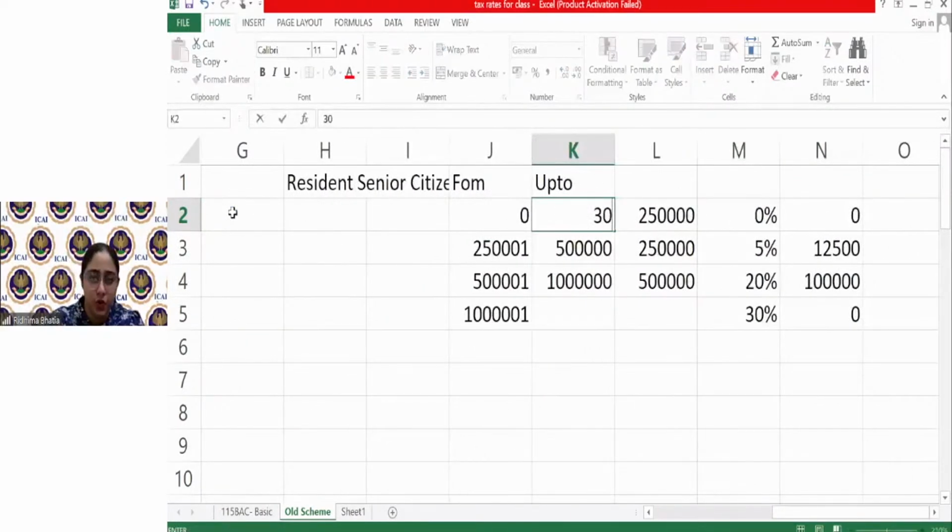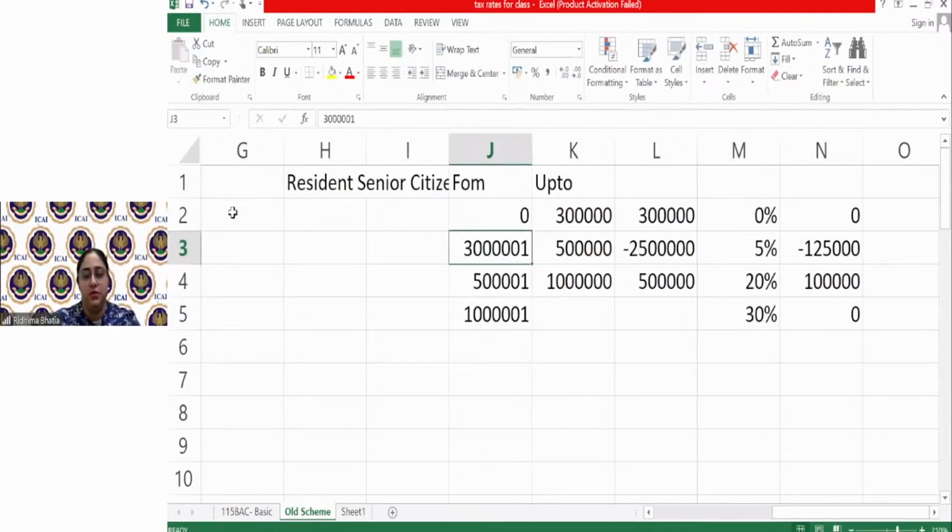It is 0 to 3 lakhs nil tax. 3 lakhs and 1 above, it is, sorry, 5%. Then 5 lakh to 10 lakh, 20%, and 10 lakh above, 30%. For a resident senior citizen, the slab rates are like this.